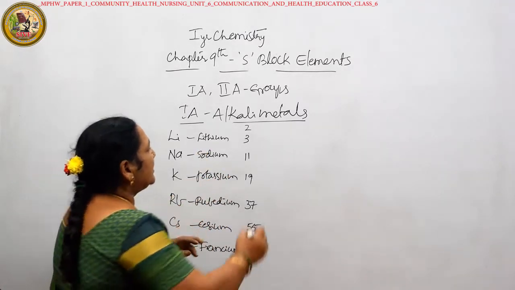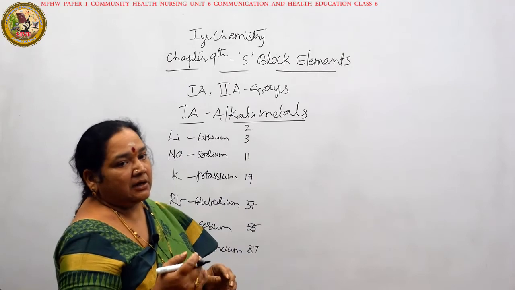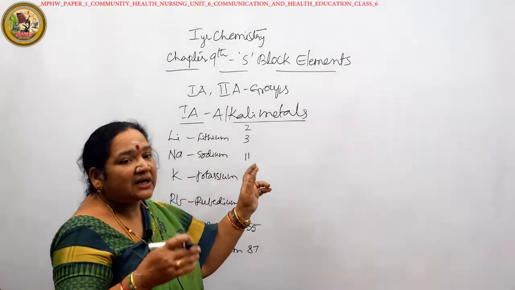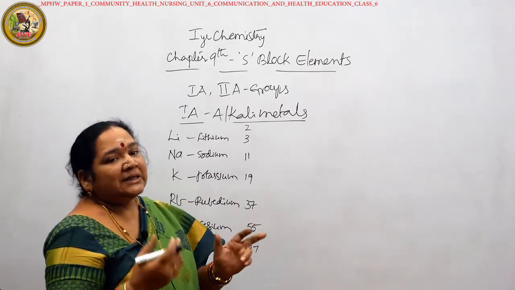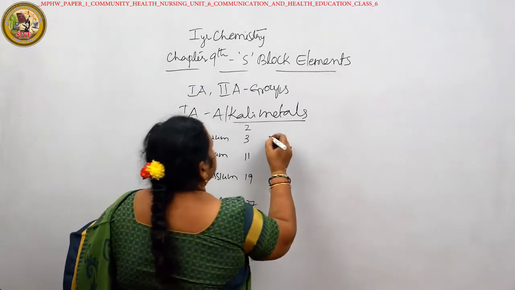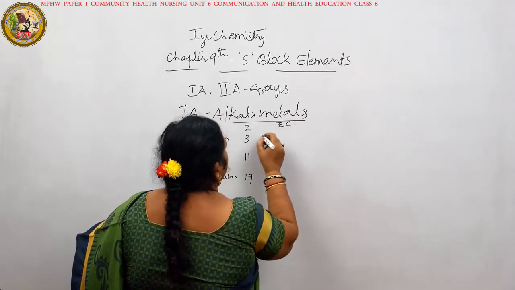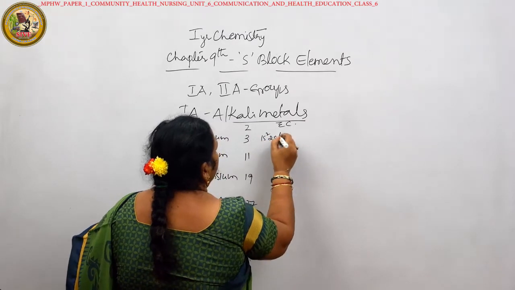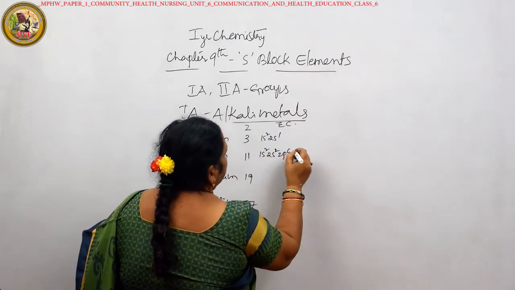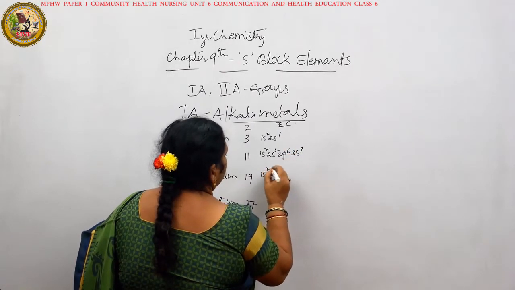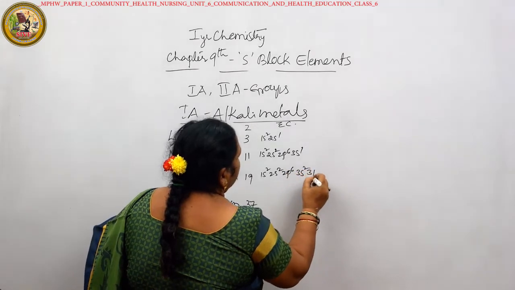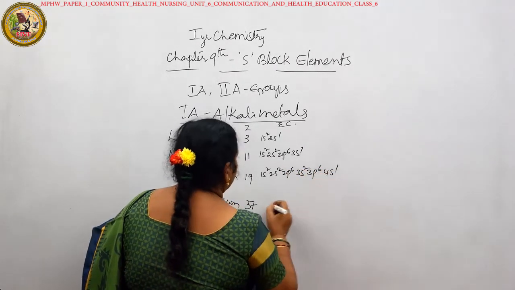And in all these alkali metals, the differentiating electron, meaning the last electron, enters into the S orbital. For example, in lithium, the third electron is the differentiating electron. See its electronic configuration: 1s2, 2s1. For sodium, 1s2, 2s2, 2p6 and 3s1. For potassium, 1s2, 2s2, 2p6, 3s2, 3p6 and 4s1.